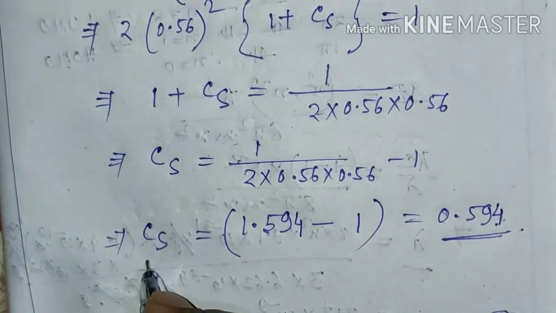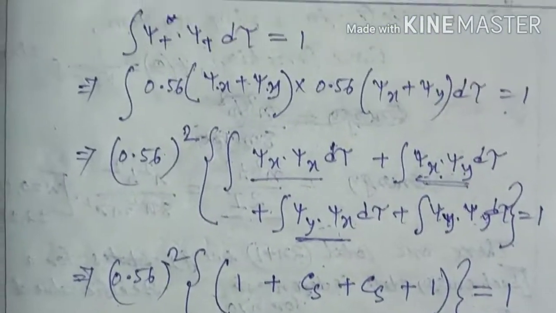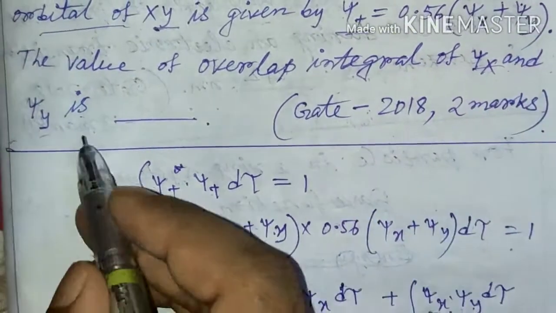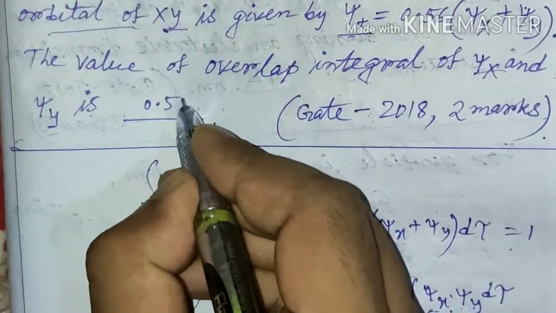That is the overlap integral between these two atomic orbitals psi x and psi y is 0.59.